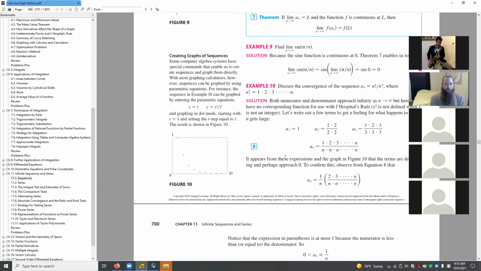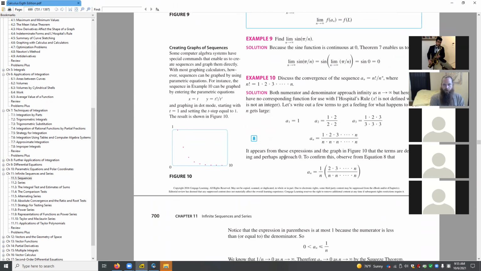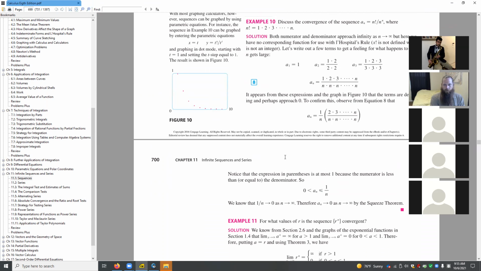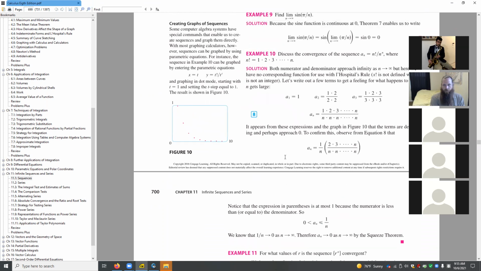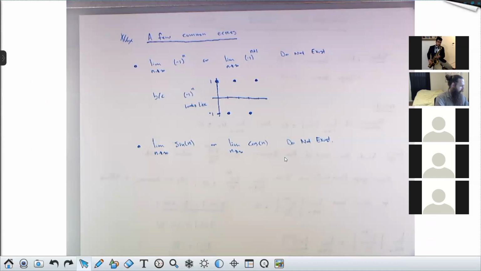I think it'd be good to get a little bit more practice with factorials. The particular example in here that they're using is a little gnarly. So let me give you something slightly more tractable.